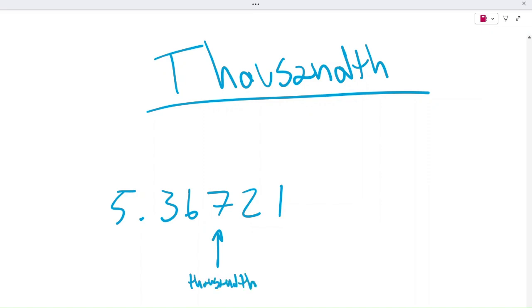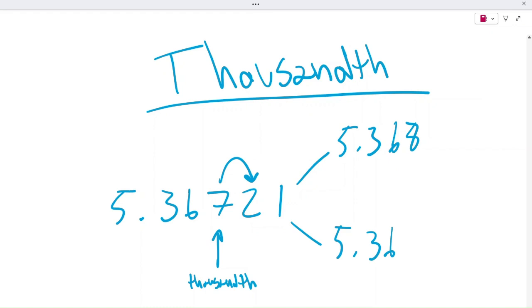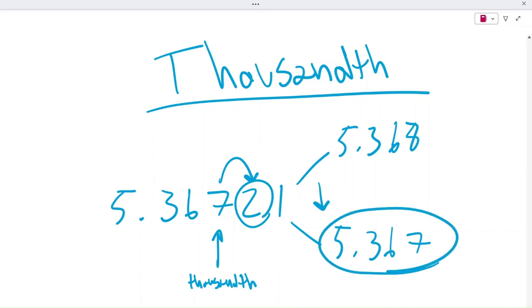So just like rounding to the 10th and the 100th, we want to look at the element to the right. So we'll be looking at this 2. So we get 5.368 or we get 5.367. We know that the 2, we round down, so we get 5.367.